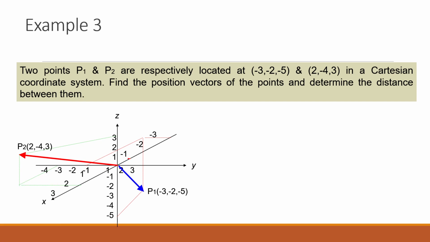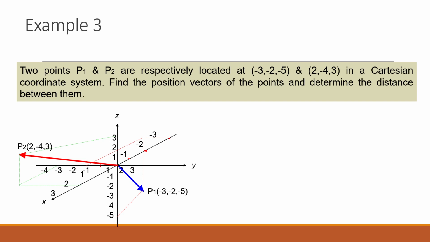You have -1, -2, -3 here. From -3 we draw a horizontal line parallel with the y-axis. Y is -2; the right-hand side of the y-axis is positive, so the left-hand side is negative.